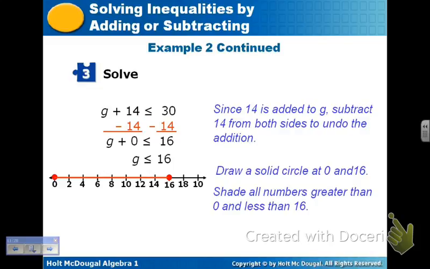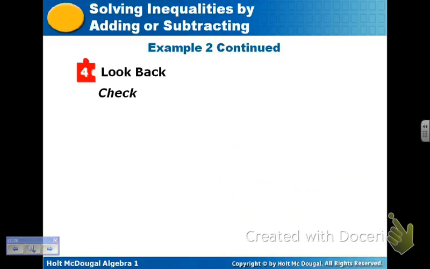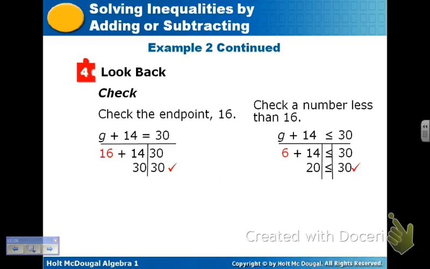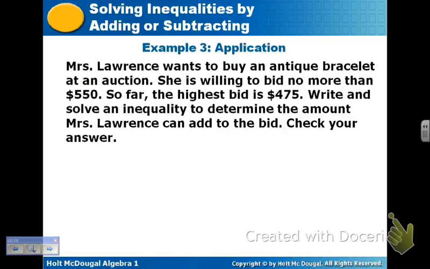No. So the amount of money that she has to spend is between $0 and $16. The amount spent cannot be negative. All right, and then you can check. Sammy can spend from $0 to $16.